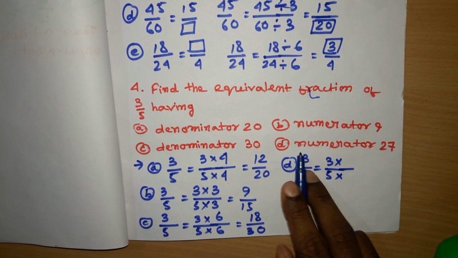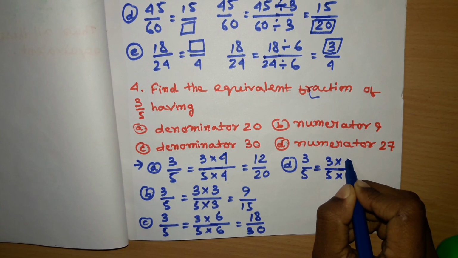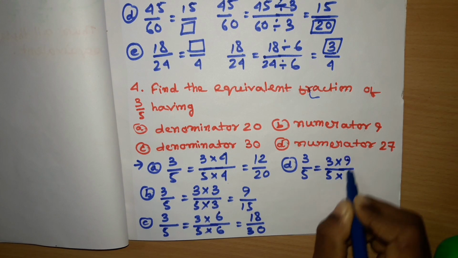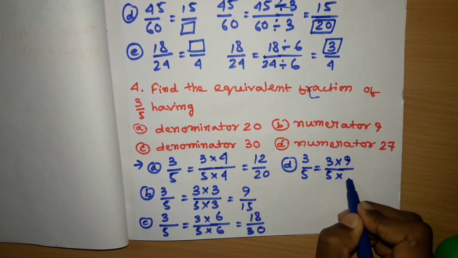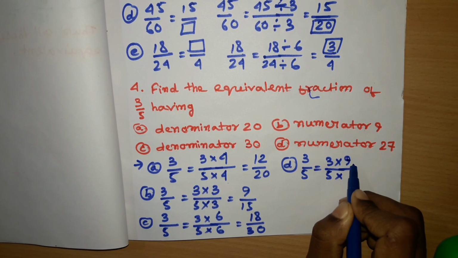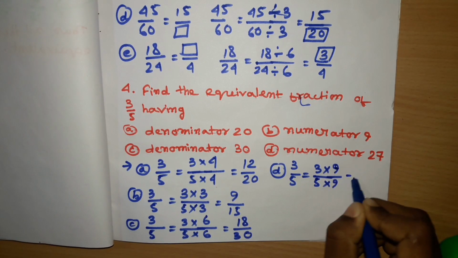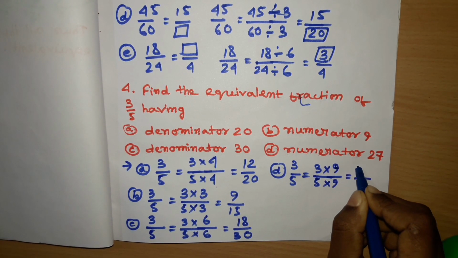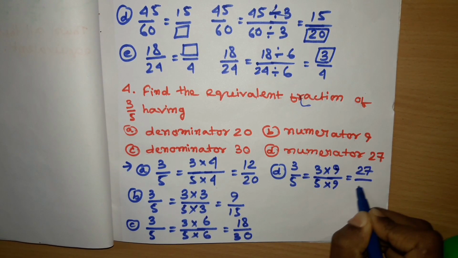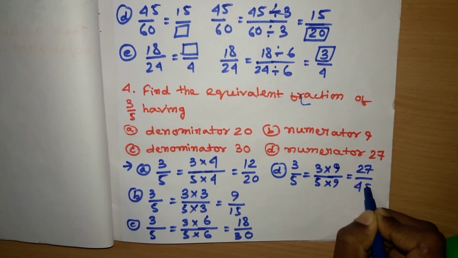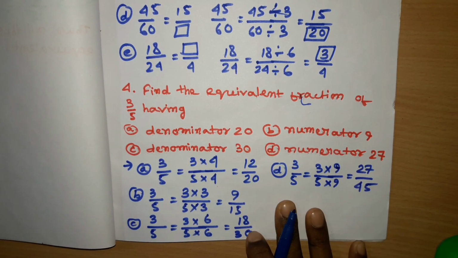So to make it 27, I have to multiply 3 by 9. 3 9s are 27. This is a basic rule, because if I multiply the numerator by 9, I have to multiply the denominator by 9 also. So in the numerator I'll get 27 and in the denominator I'll get 45. 5 9s are 45. So this is the question and we solved it.